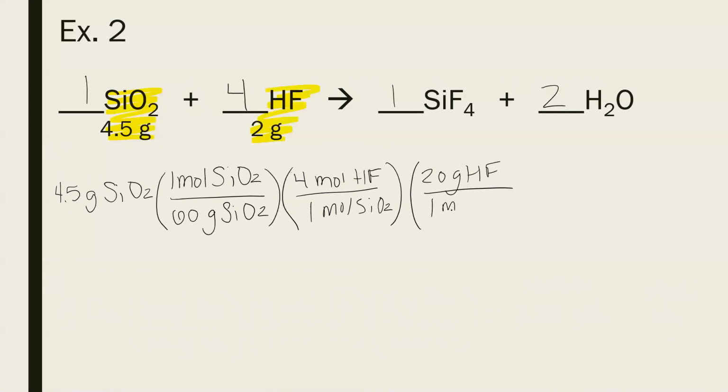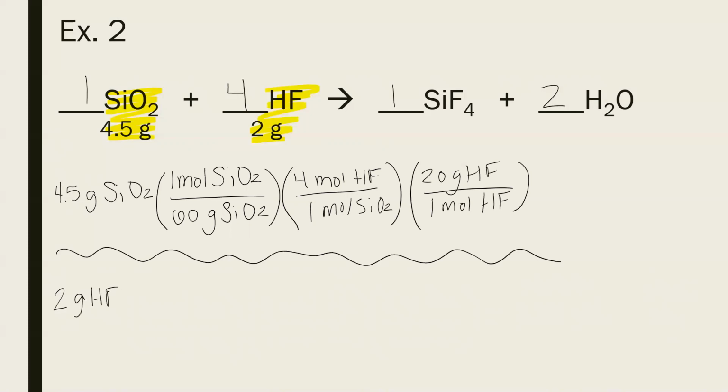Okay, so I started with SiO2 and I'm solving for HF. But if you did it the other way, that's fine. I told you to, so hopefully you did. Doesn't matter which way you do it. Just flip-flop all the numbers.